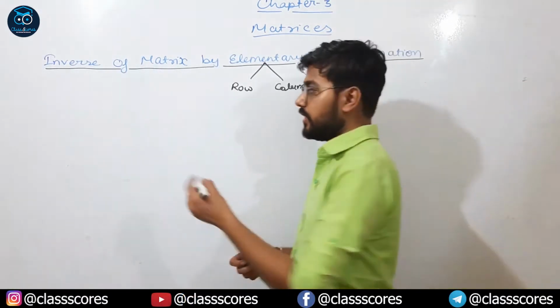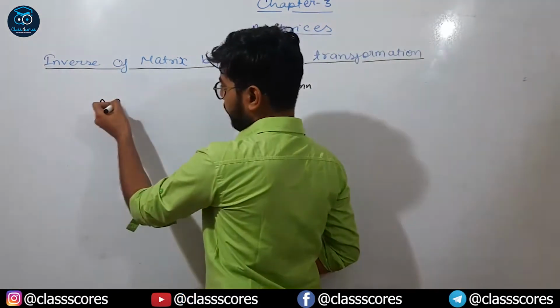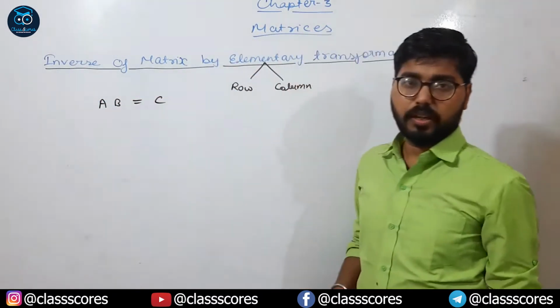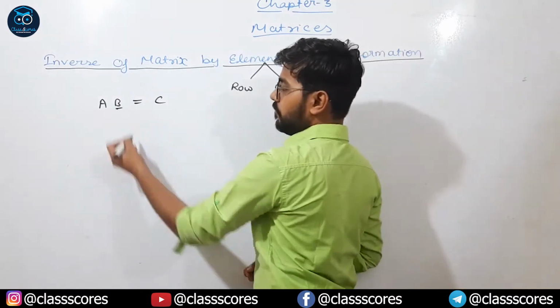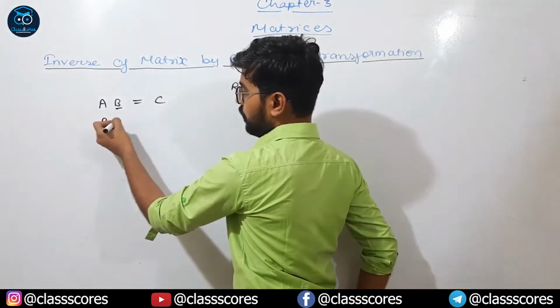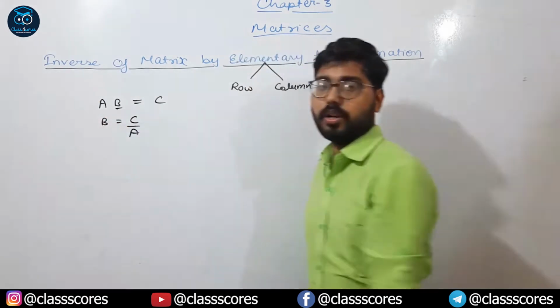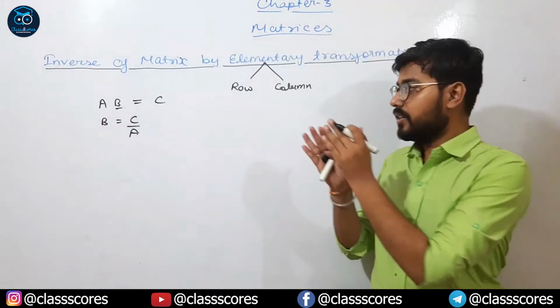Why is the inverse needed? Because if someone is given A into B equals C and asks to find the value of B, then what can we do? We are not able to divide any matrix.